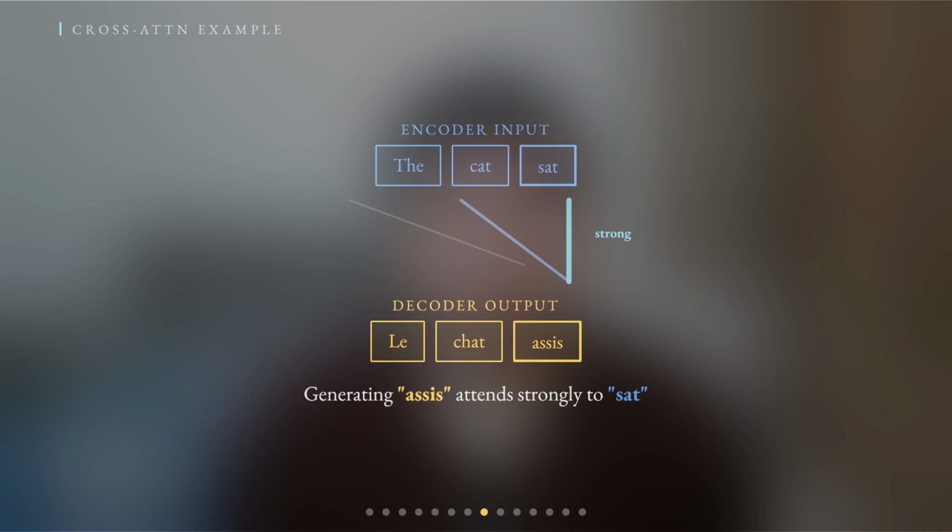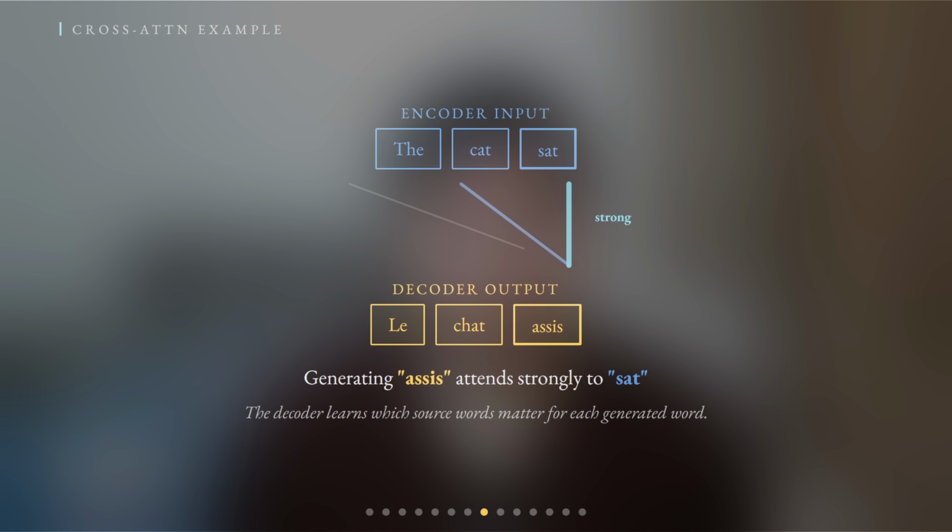This is the power of cross attention. The decoder has not blindly used the entire encoder output. It selectively focuses on the parts that matter most for each word it generates. For each output token, the attention distribution over the input tokens is different. When generating chat, the strongest attention was probably on cat. When generating assis, it shifted to sat.